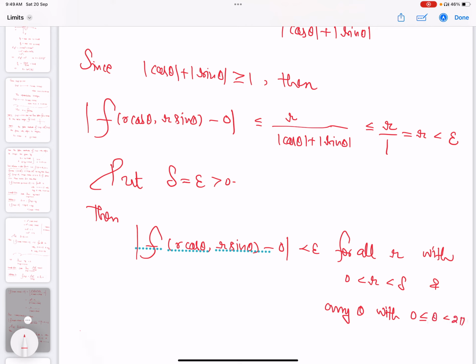This implies the limit as (x, y) tends to (0, 0) of x square plus y square upon mod x plus mod y is equal to 0.